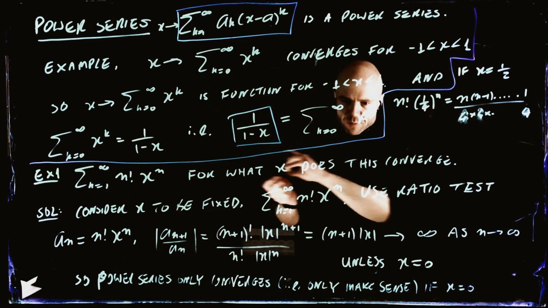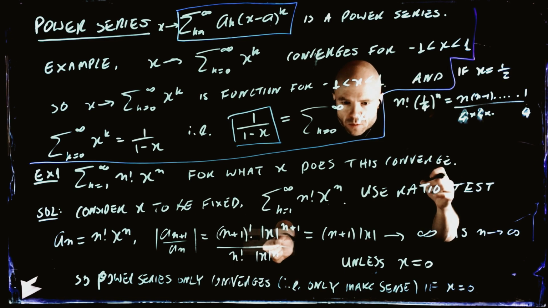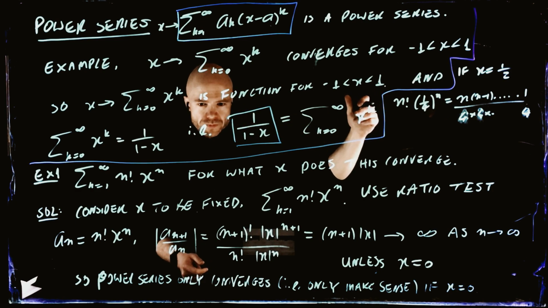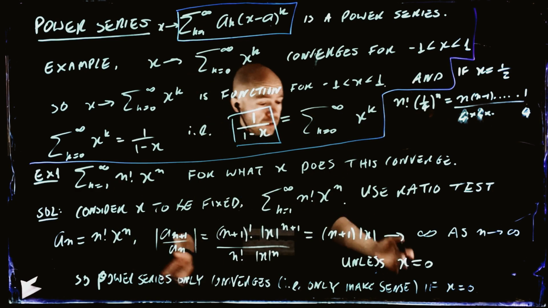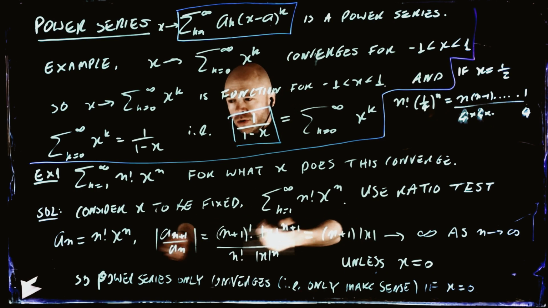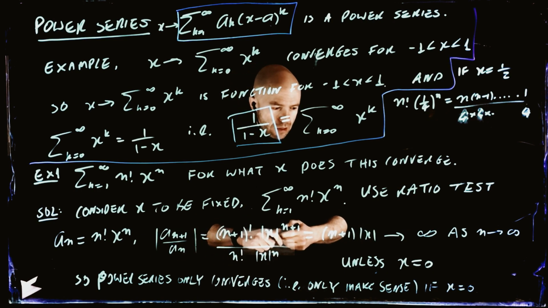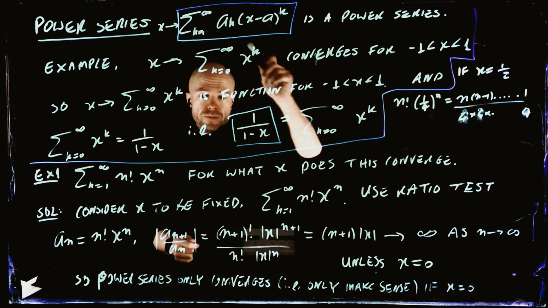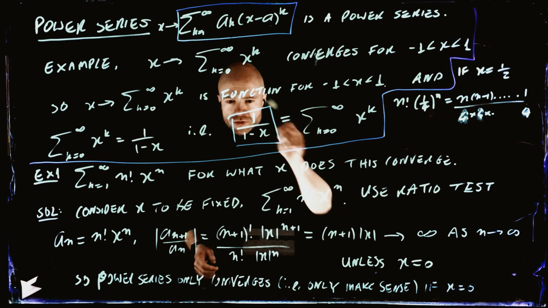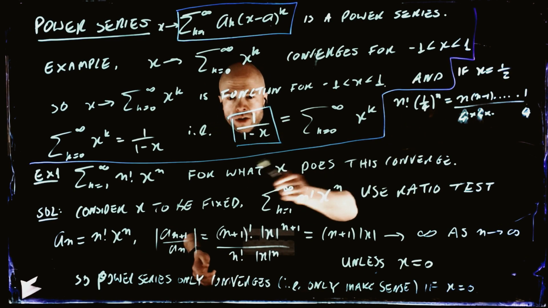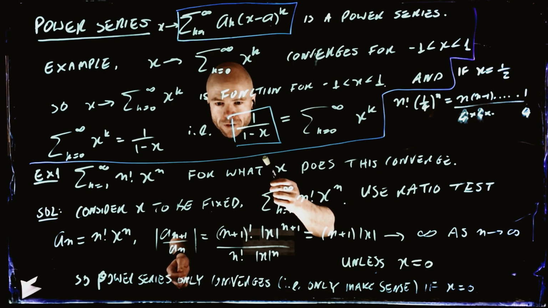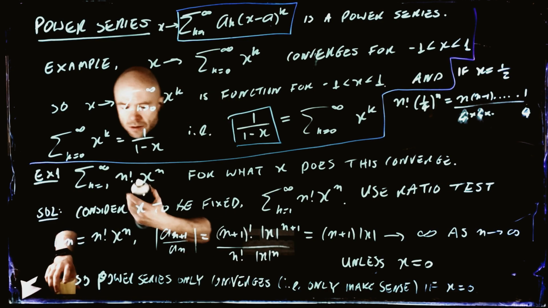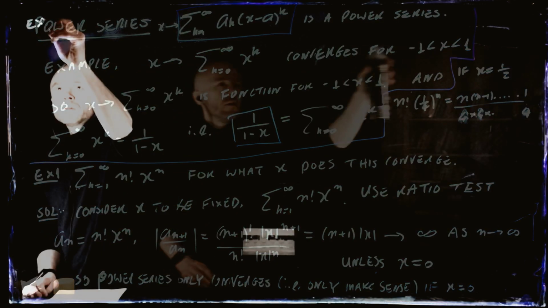It makes sense for every x between -1 and 1. Yeah? We meaningfully get a number out from this power series for every x between -1 and 1. Yeah? This one here makes no sense unless x equals 0. So it's a really boring power series. It's not very useful for us. Well, this one actually is useful for us. This power series represents this function perfectly well for every single x between -1 and 1. Yeah? Cool. All right. Let's do some more of this.